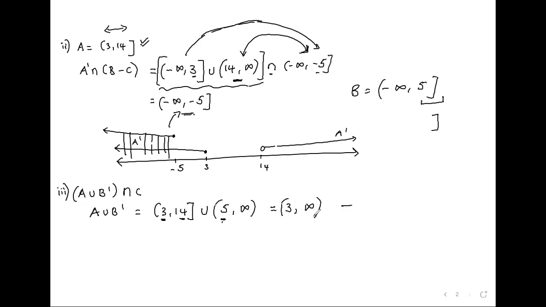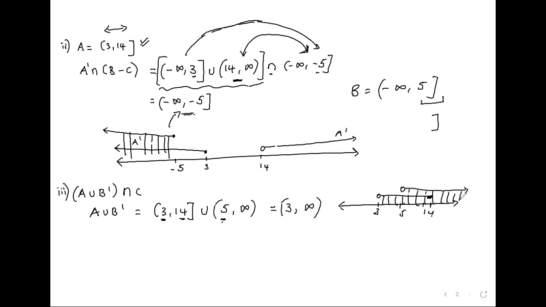On the number line, you will have something like 3 to 14, and then 5. So 3 to 14. I put 14 here, and then 5 to positive infinity. So the union will be everything.